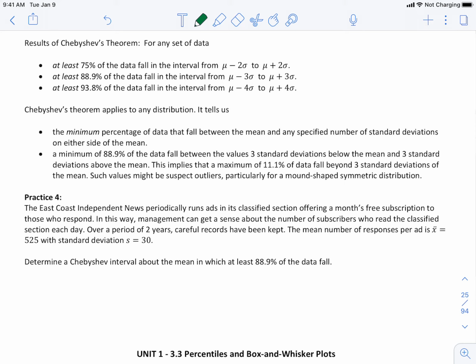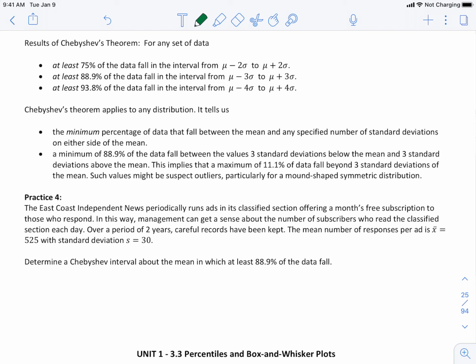At least 88.9% of the data fall in the interval from the mean plus or minus 3 times the standard deviation. And at least 93.8% of the data fall in the interval from the mean plus or minus 4 standard deviations.